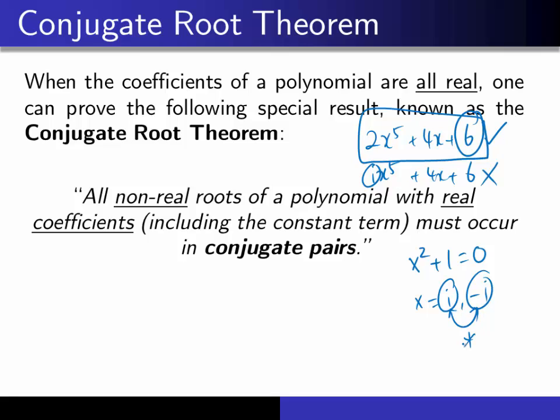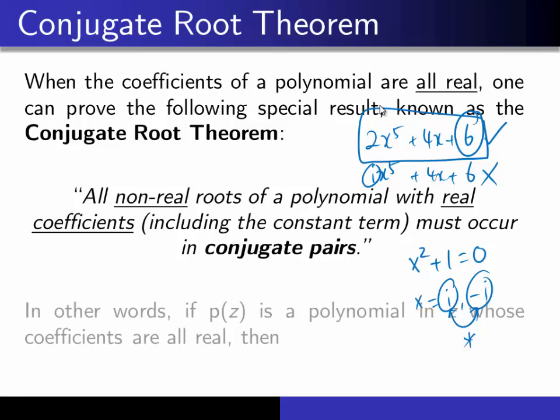So if your polynomial with all real coefficients has non-real roots, the non-real roots must occur as conjugate pairs. They must occur as conjugate pairs. So we'll use the examples to illustrate this.